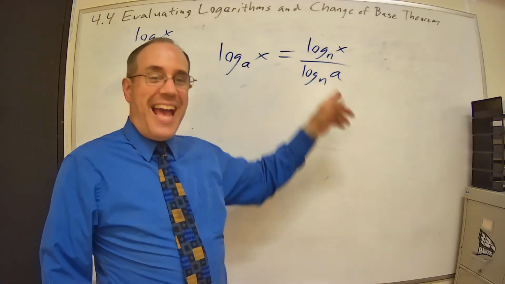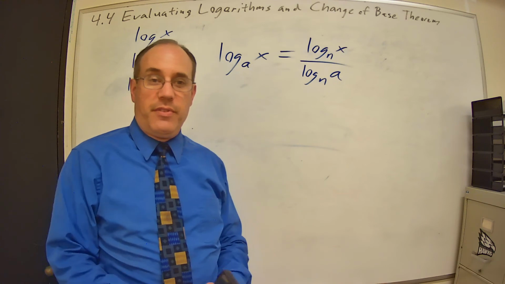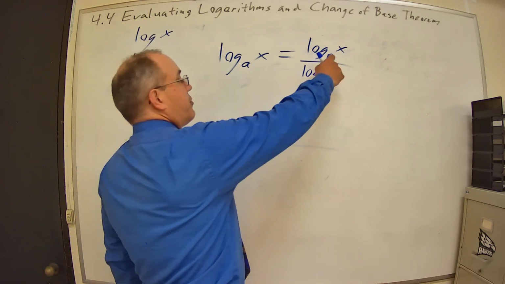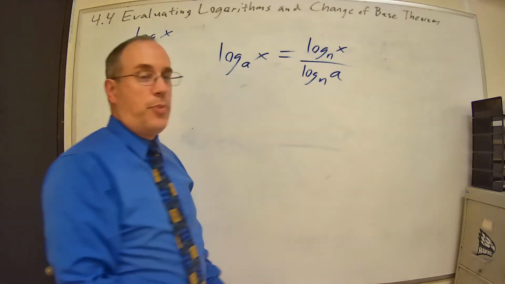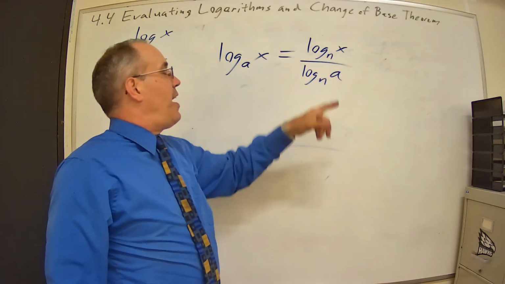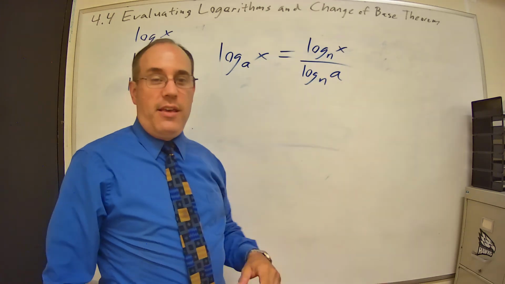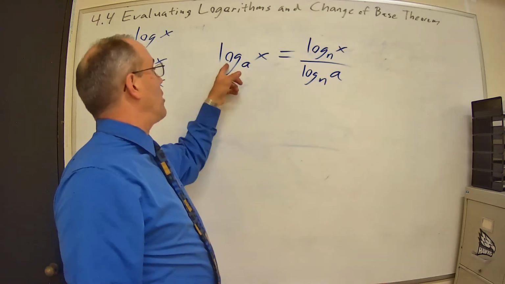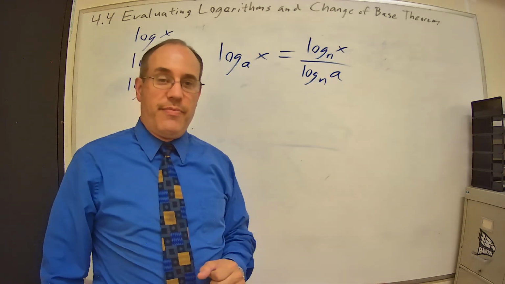You choose any base. So you could choose to do this as log base 7 in both of these, but as long as you do that, you take log base 7 of x and divide it by log base 7 of a, and you will get log base a of x.